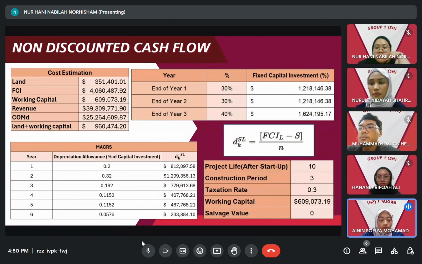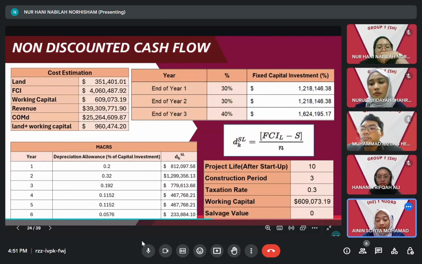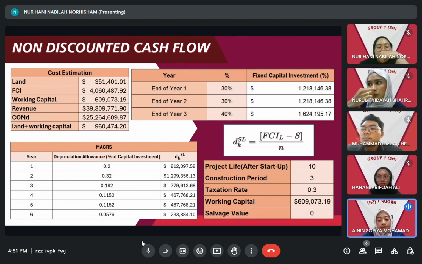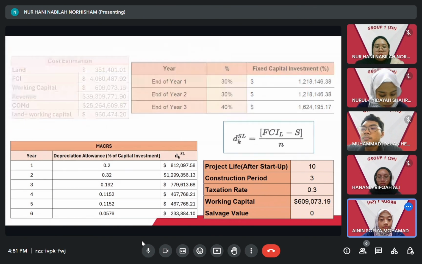As for the straight line depreciation, we use this formula of fixed capital investment subtracted with the salvage value, which we assume to be 0, and divided by our project life, which is 10. In that table, it shows the straight line depreciation values from year 1 until year 6. And aside from that, we have determined the taxation rate for this production to be 30%, alongside the construction period to be 3 years.